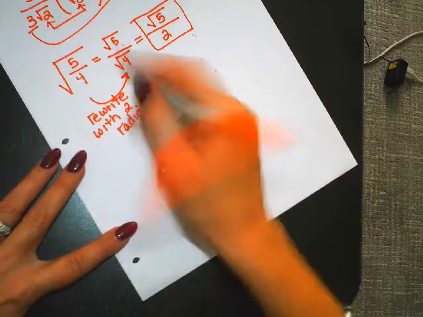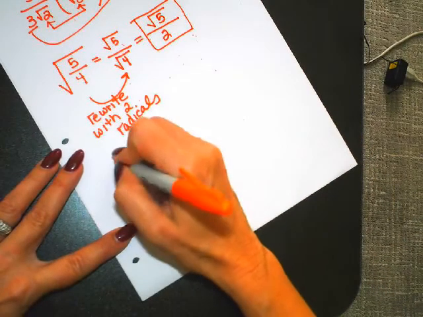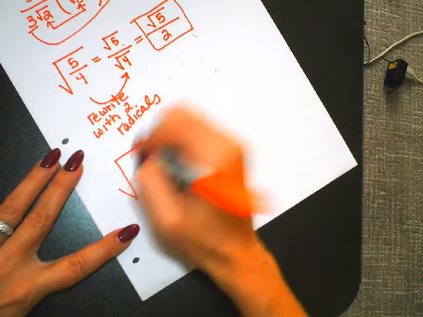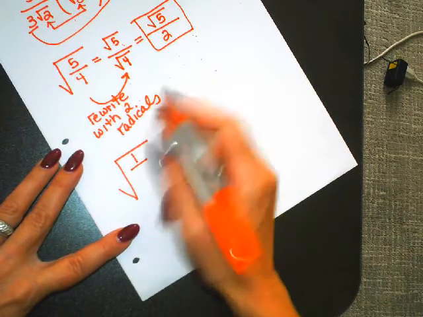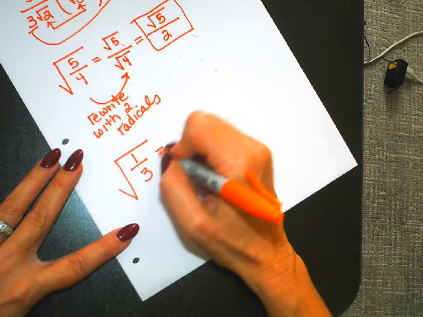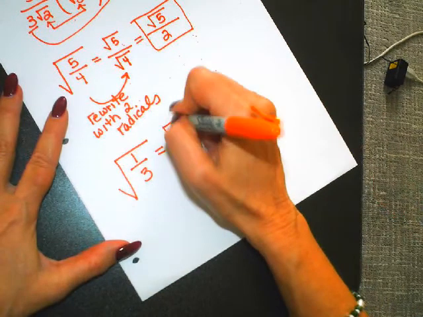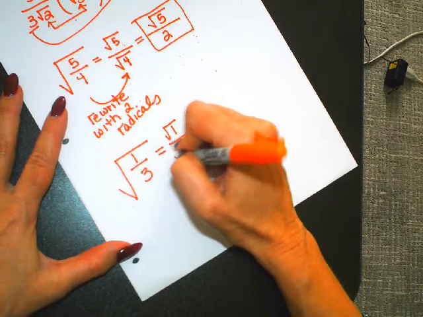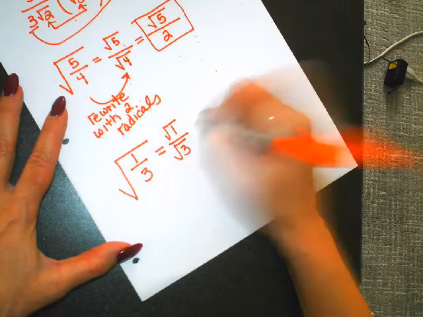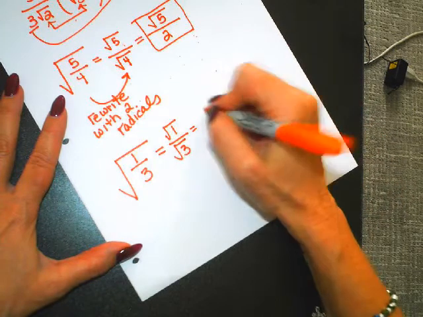Let's try another one like that, where the radical in the denominator is not perfect, because so few of us are. Again, big radical, 1 over 3. First, we're not going to share our radicals. We're going to give everybody their own radical. Now this one works out where there's a perfect square in the numerator.